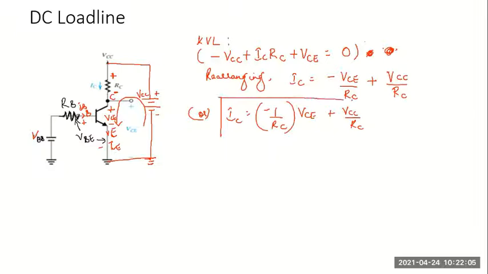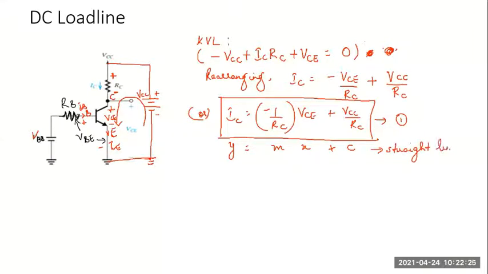If you look at this equation, you'll see that it is in the form of y is equal to mx plus c. What does this equation represent? Straight line equation. And where should this straight line be drawn? On the output characteristics.